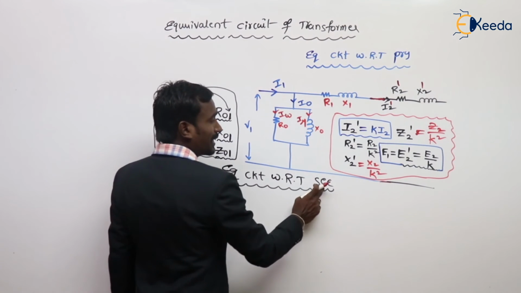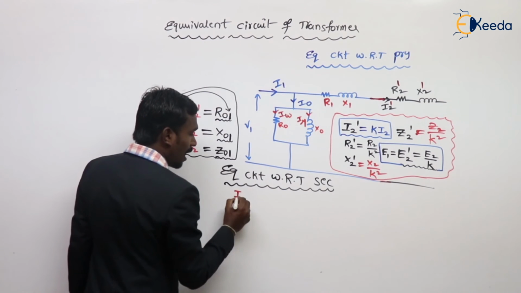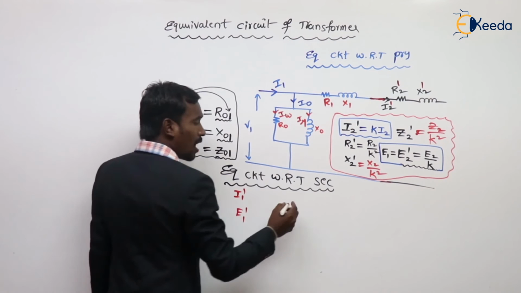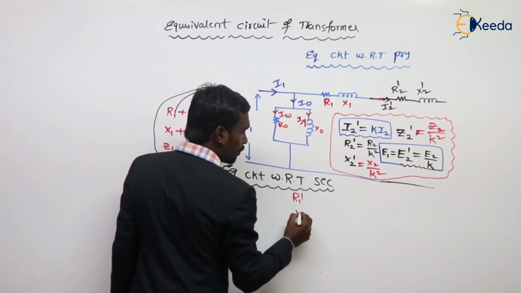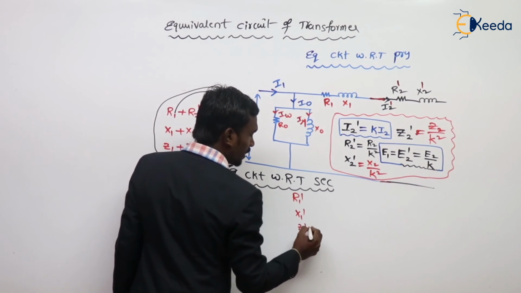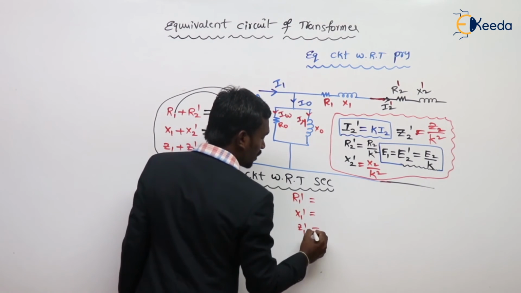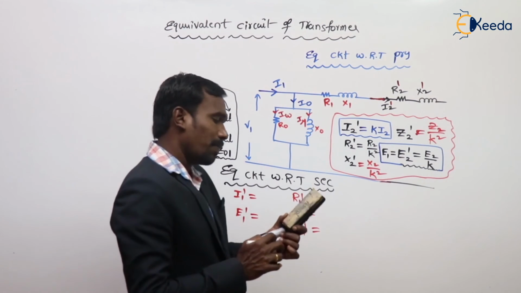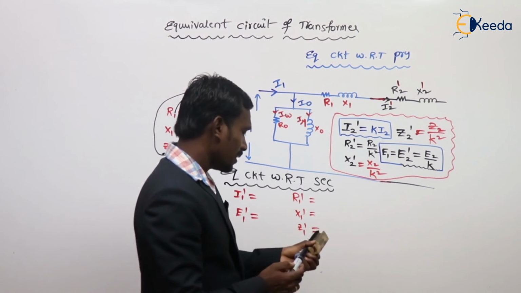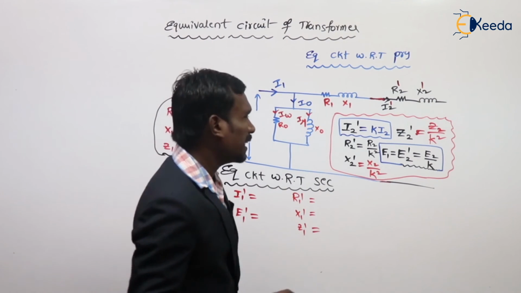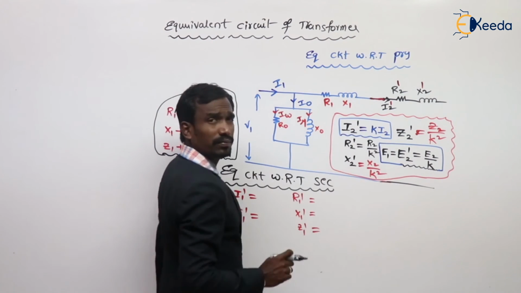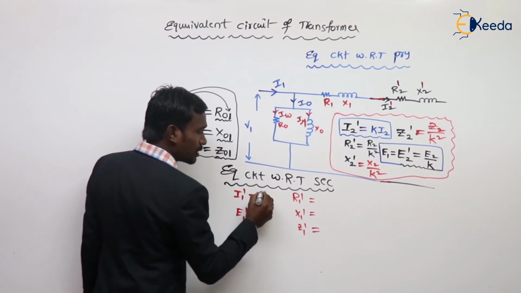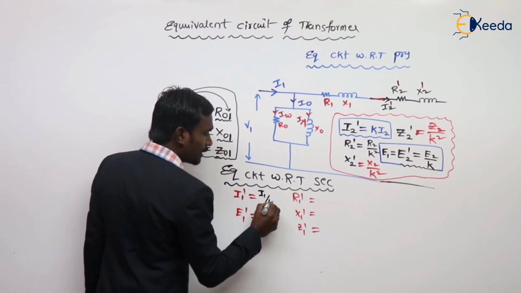When referred to secondary, the current is called I1 dash, the voltage is called E1 dash, and the resistance, reactance and impedance are called R1 dash, X1 dash, Z1 dash. Now tell me, what are the parameters? Simply very reverse to this one. Here I2 dash is equal to K into I2, but here I1 dash is equal to I1 by K.